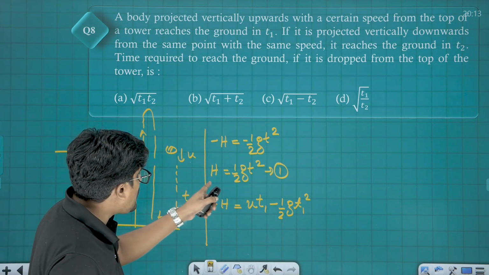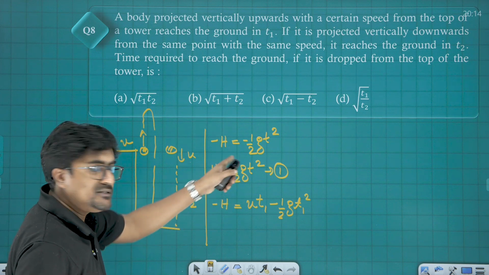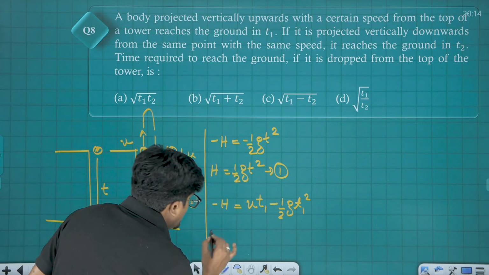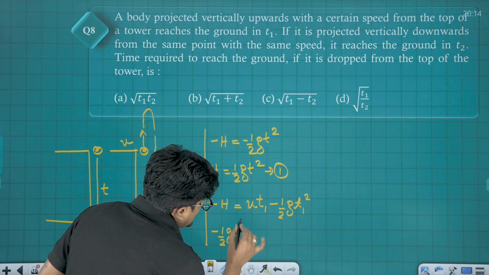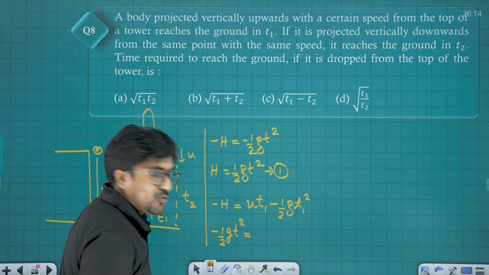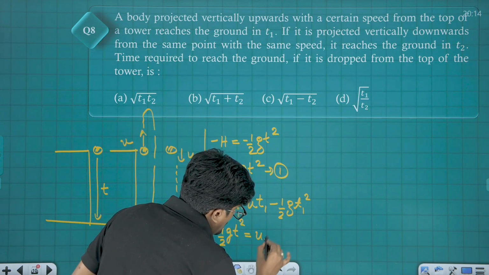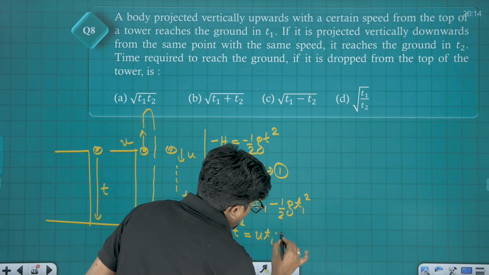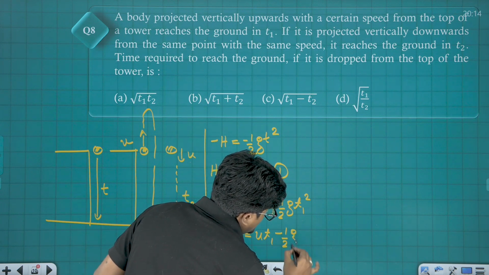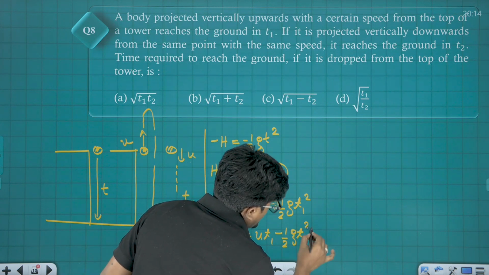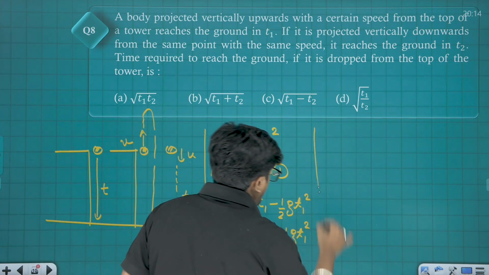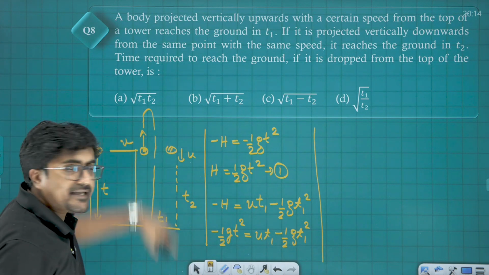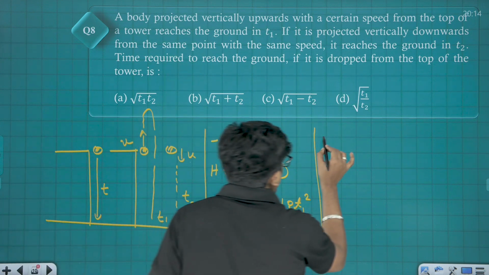Alright. Now I have got h as half of g t square. Let me substitute that here: minus 1 by 2 into g times t square is going to be u into t1 minus half of g into t1 square. Now if I consider the second case, there also displacement is in the downward direction.